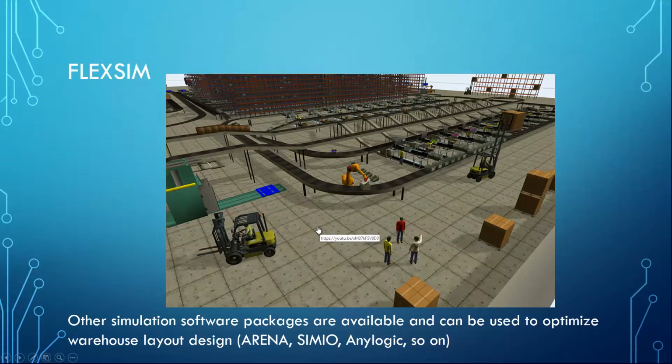Another very good tool is simulation software, which can be used to simulate the movement of items in the warehouse. So you can actually see it in 3-dimension moving, and you can add people, you can add forklifts. As you can see, this is a screenshot of the material handling equipment and the robotic arm and other devices, and this is an example of a warehouse where you can see the shelving in the background.